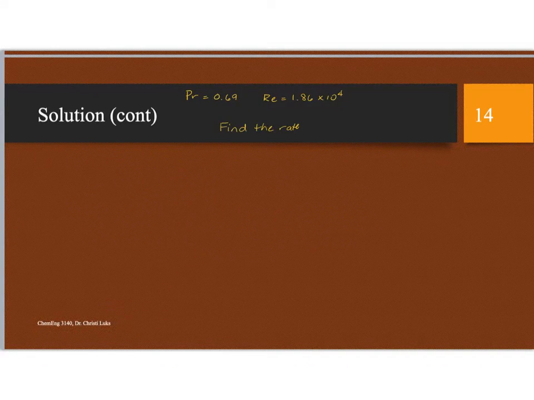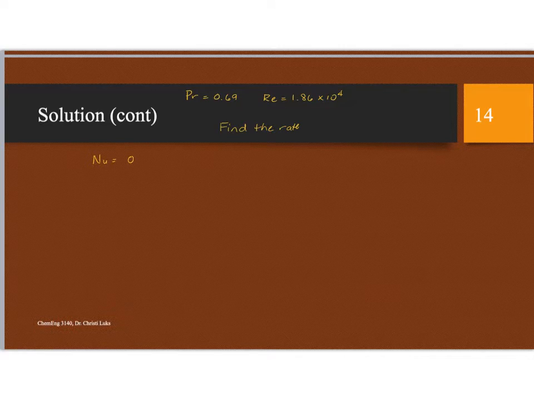Okay, so we've already found from data the Prandtl number is 0.69. The Reynolds number we just calculated to be 1.86 times 10 to the fourth, and now we want to use this to find the rate. The rate of vaporization, or drying, is going to be related to the heat transfer coefficient h, and we're going to find that using a Nusselt number.